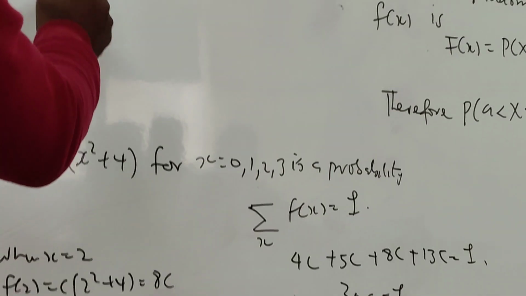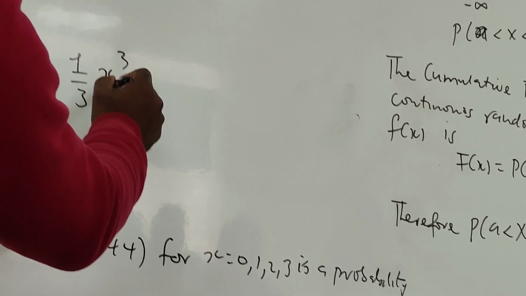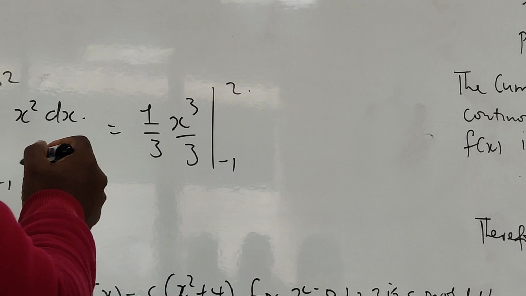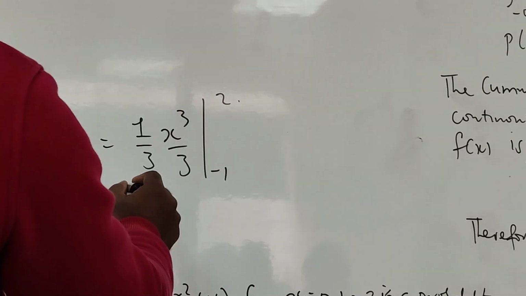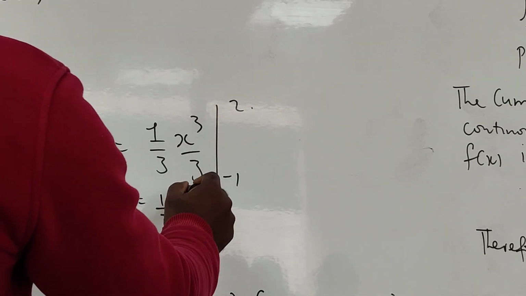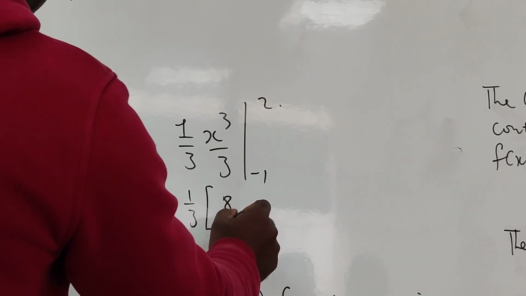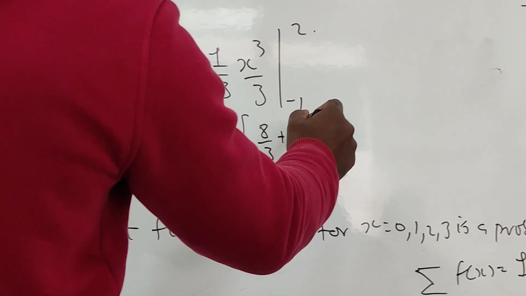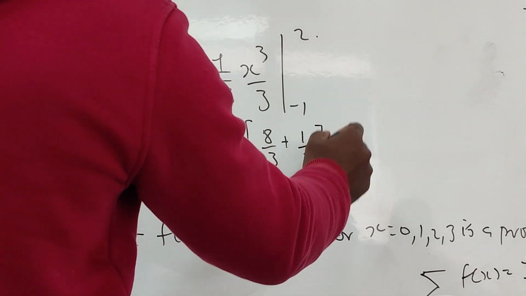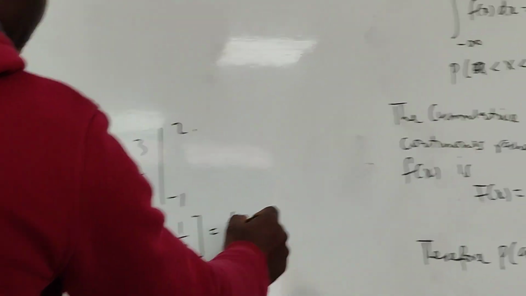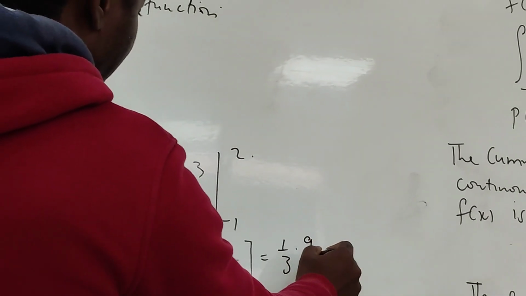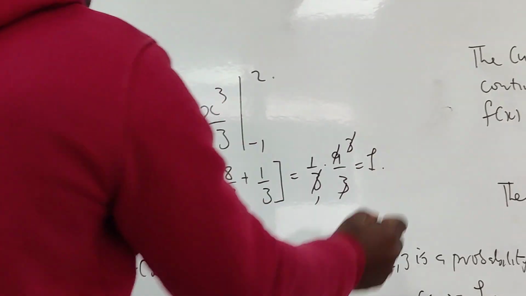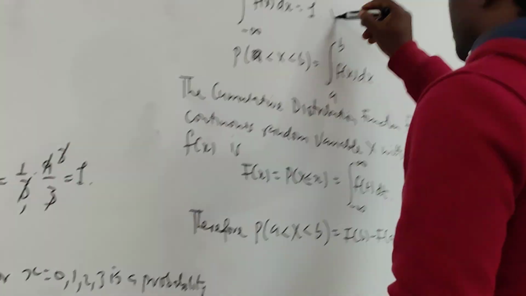So you are going to have 1 over 3 times x cubed over 3 from minus 1 to 2. This will give you 1 over 3 into 8 over 3 minus, it becomes plus 1 over 3. And this becomes 1 over 3 multiplied by 9 over 3. This cancels this, we have 3. 3 divided by 3, we have 1. This condition is satisfied.